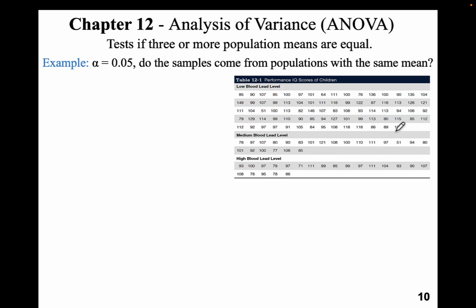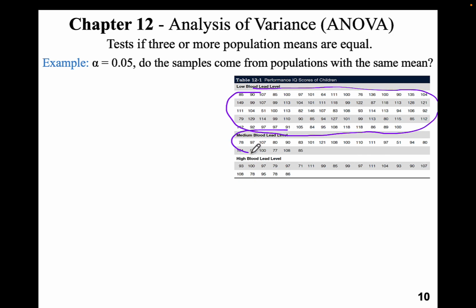Okay, well, let's see our data here. We've got IQ scores of children. I think we've seen something similar to this with the lead levels. So the first group here had low levels of lead in their blood, and these were all of their IQ scores. We'll call that population 1.